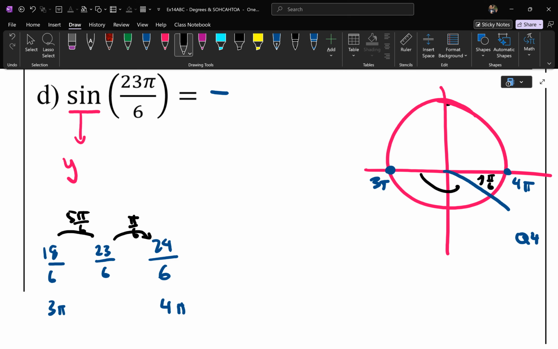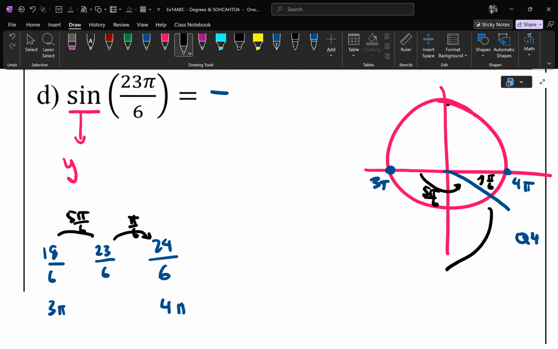So this must be 5 pi on 6. So from 3 pi to get to 23 pi on 6, we know that was 5 on 6 difference, and then from 23 to 4 was only 1 out of 6 difference. So out of the two, if you draw a triangle, this is your acute triangle, and we can say that is sine of pi on 6, but negative.